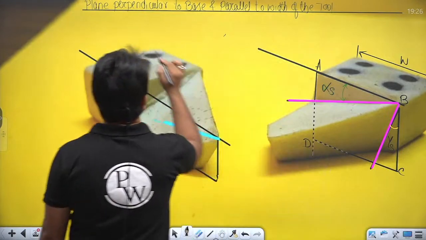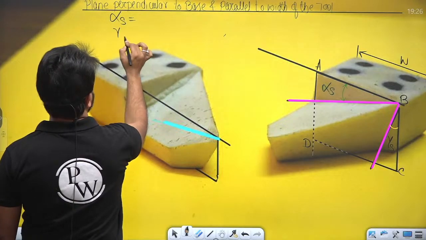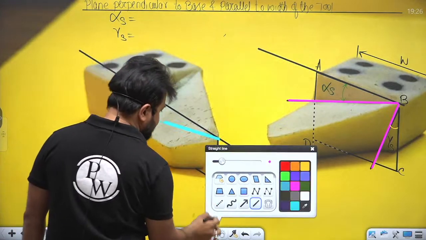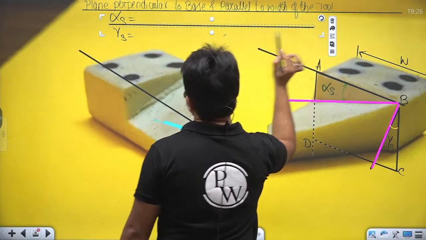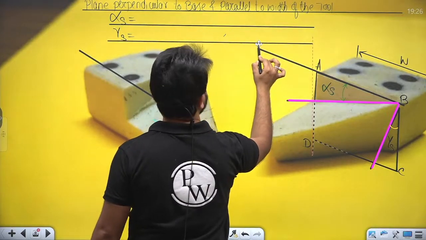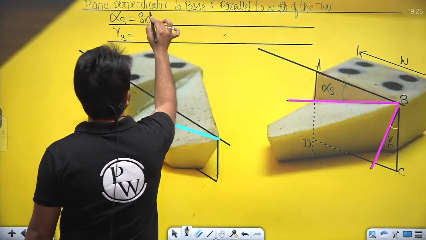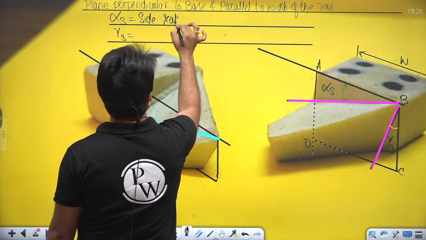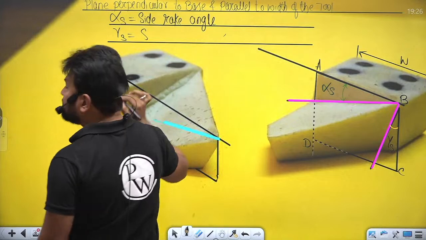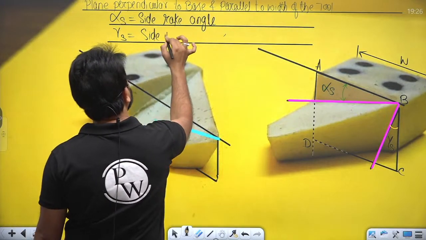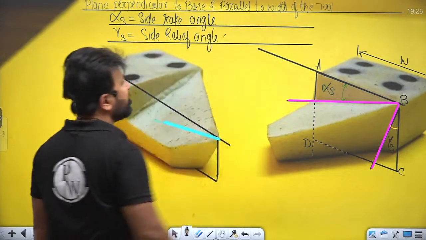Let me write down here: this is side rake angle, and this is side relief. So I hope now you understand these two angles.